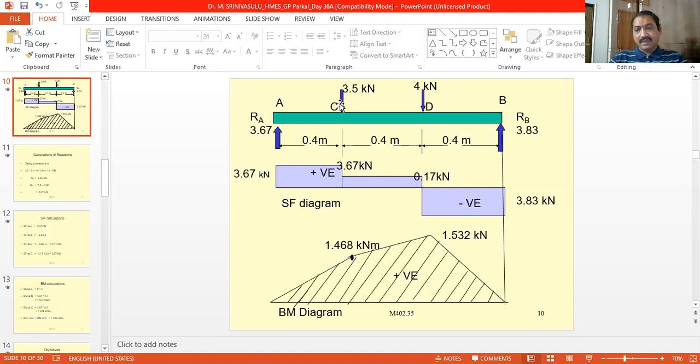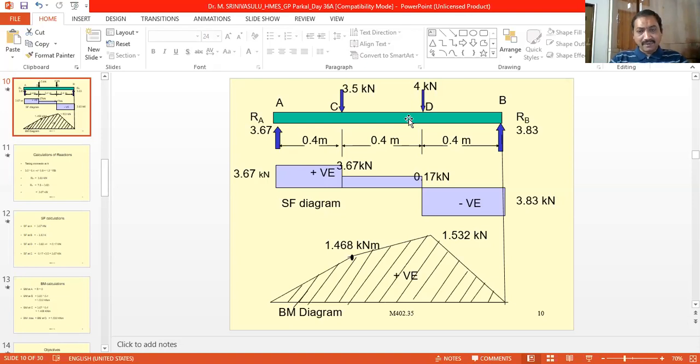Next, this 4 kN is acting at a distance of 0.4, so 4 into 0.4. But if you fix the beam here, it will try to rotate the beam in a clockwise direction. So it is a negative one.